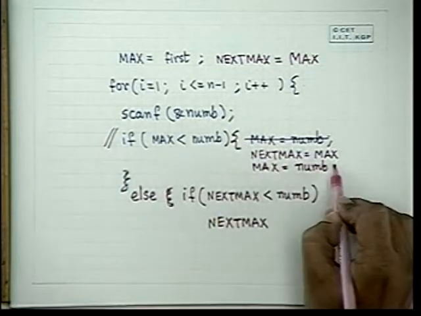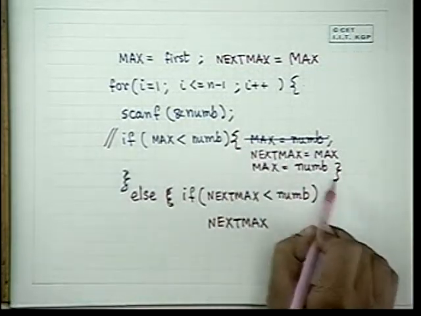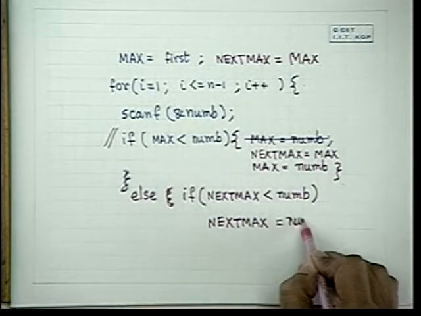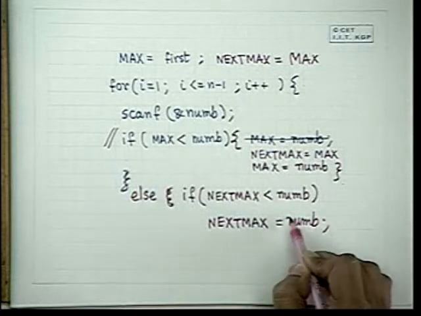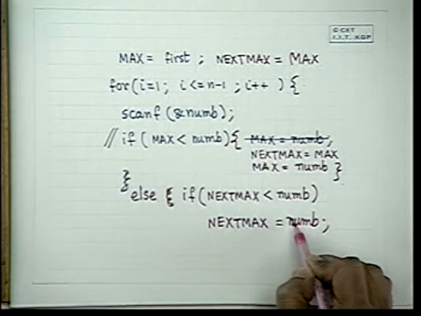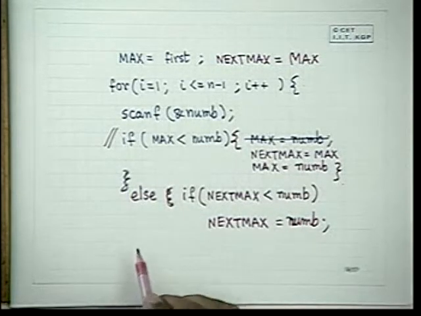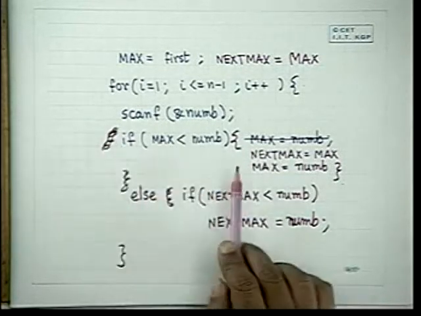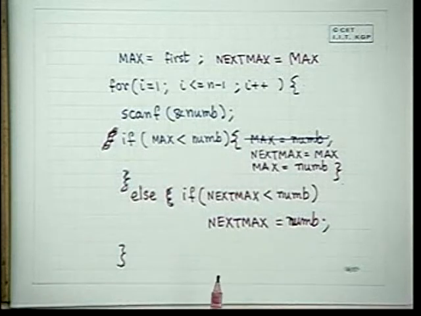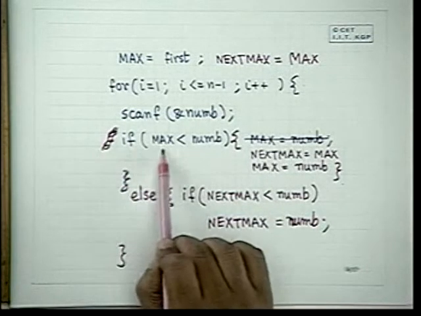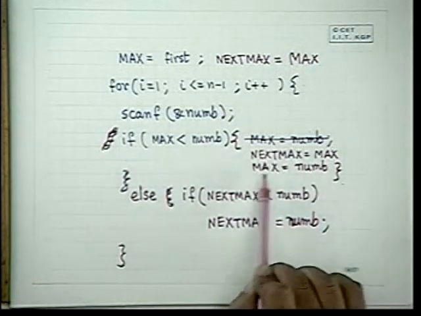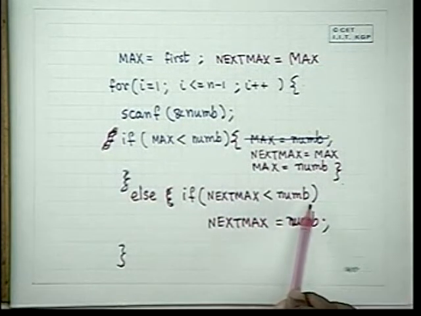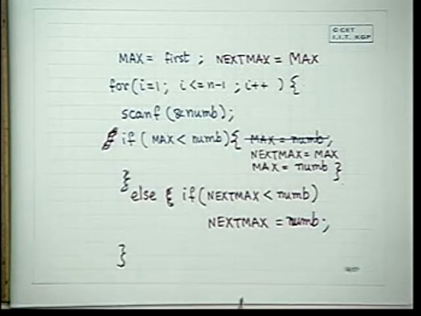So this is like this. These two brackets go in together. Please be careful about uppercase and lowercase. They are different in C language. So this is how you would modify the program. That if max is less than num, next max is equal to max, max equal to num. Else, if next max is less than num, then next max is equal to num.